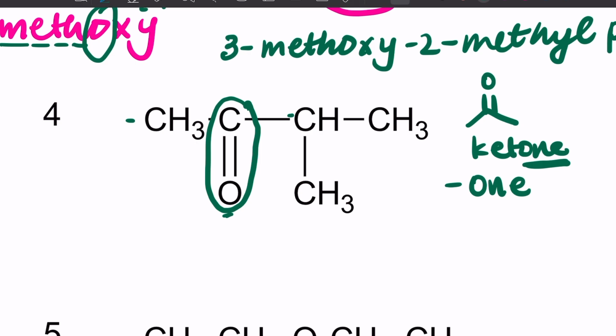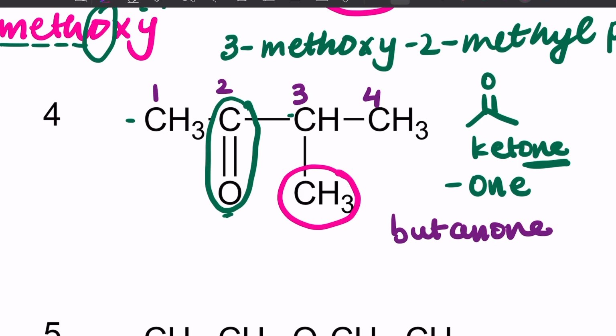What kind of a ketone? Let's find out the longest carbon chain here. 1, 2, 3, 4. So this is butanone. What else is present on this butanone? Well, I've got a methyl group, and I ask myself, what is the smallest number I can give to this ketone functional group? If you numbered from right to left, your ketone functional group would actually get number 3, which is larger than 2.